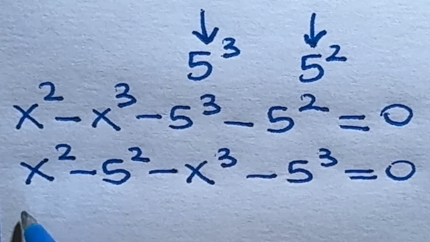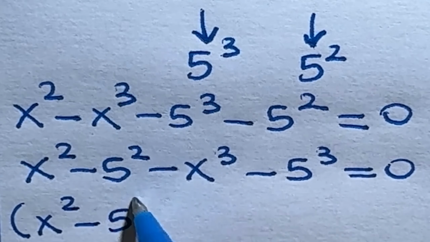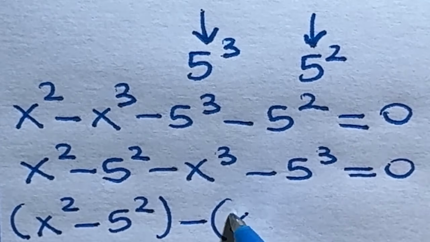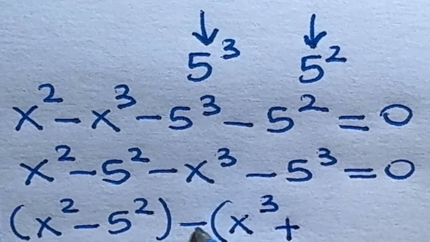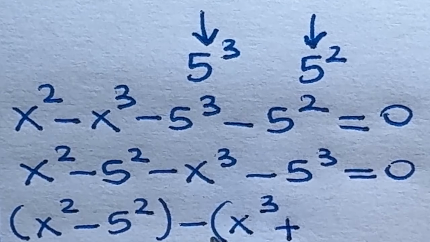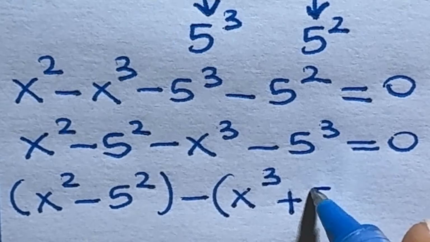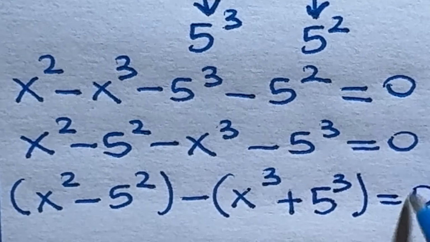So I have x squared minus 5 squared minus then x raised to power 3. This will then be plus because the negative is outside of this newly introduced bracket, then plus 5 raised to power 3 is equal to 0.